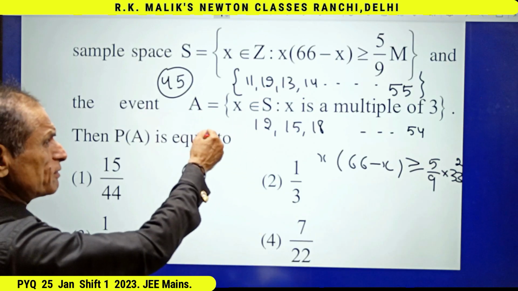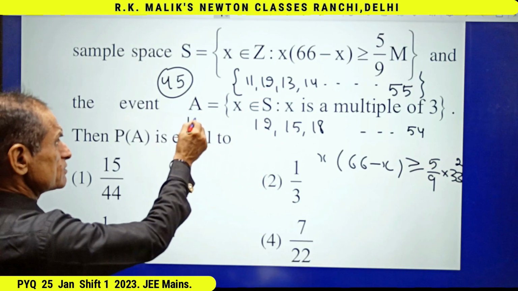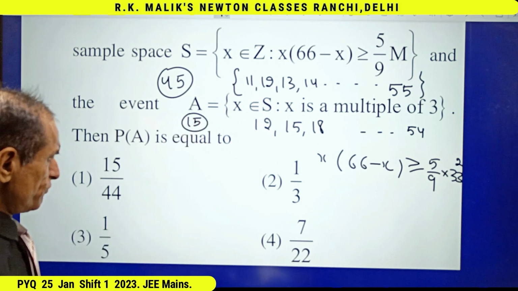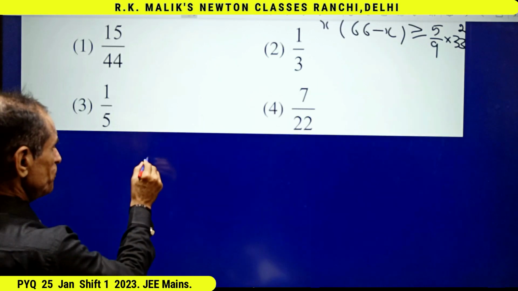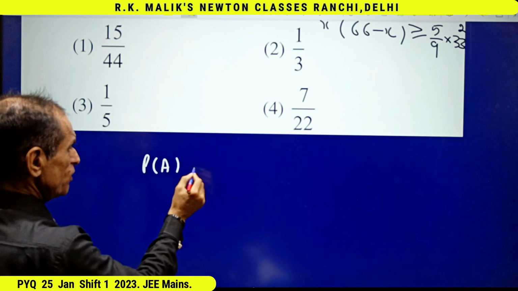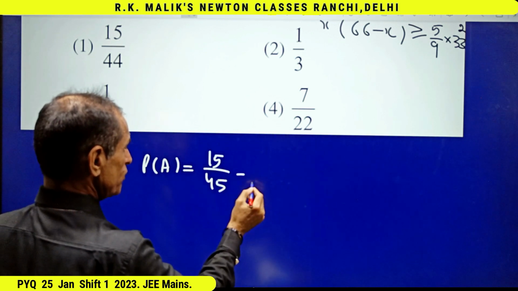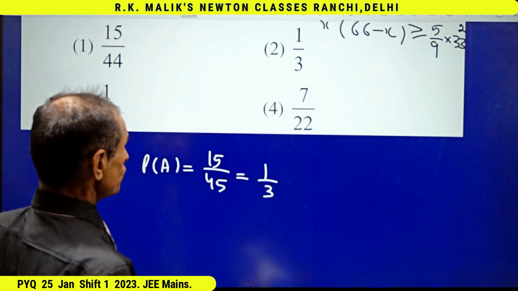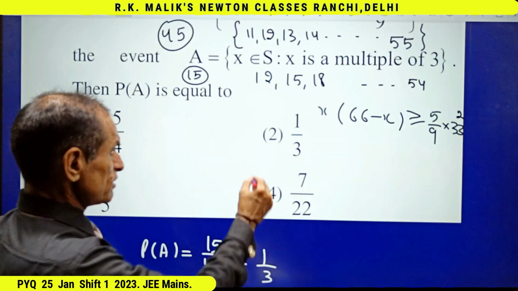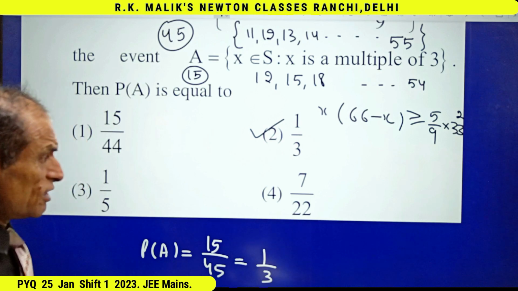Hence the number of elements in the set A is 15. Obviously, P(A) will become 15/45, that is 1/3. Hence I can say the second choice is the correct choice.